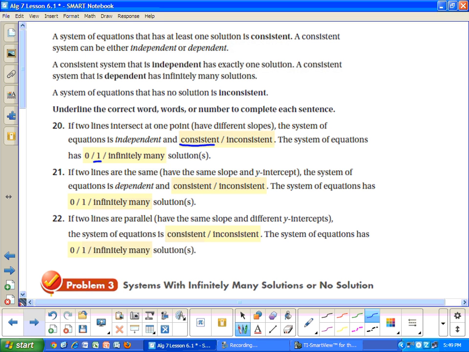The system of equations is dependent and consistent because there is at least one solution. The system of equations has infinitely many solutions. If two lines are parallel, have the same slope and different y-intercepts, the system of equations is inconsistent. The system of equations has zero solutions, so they don't intersect.